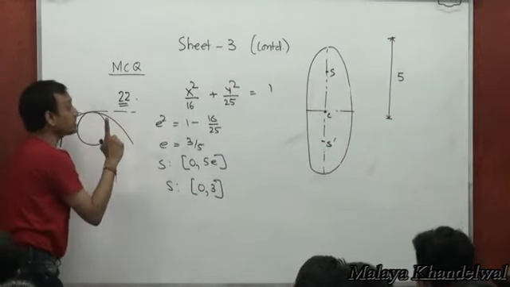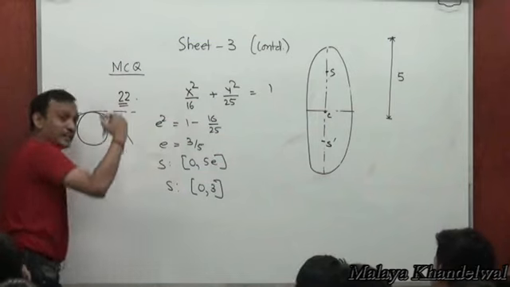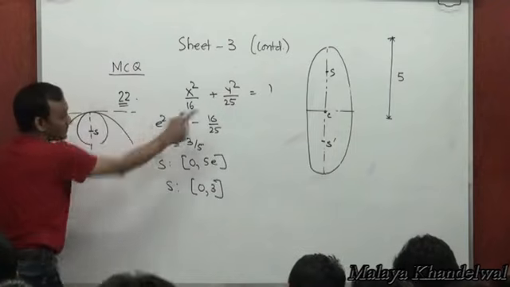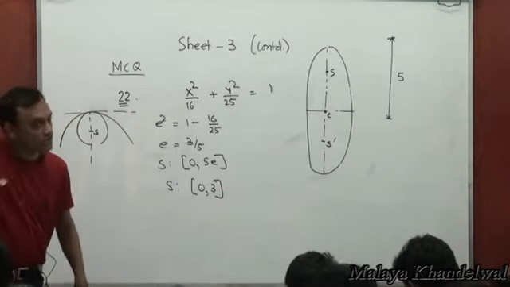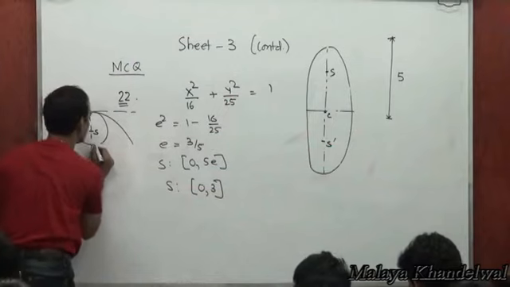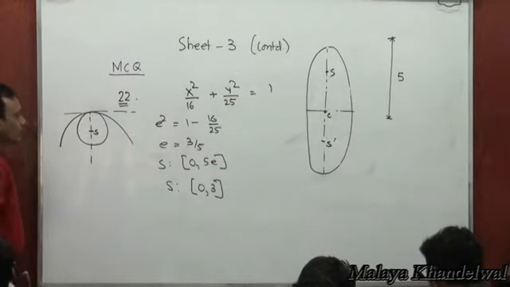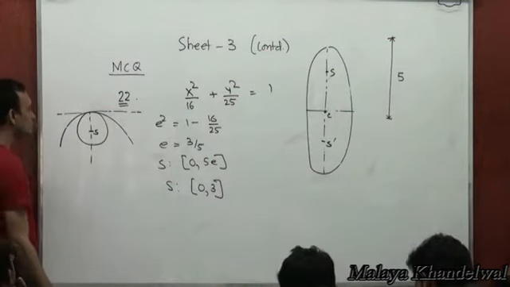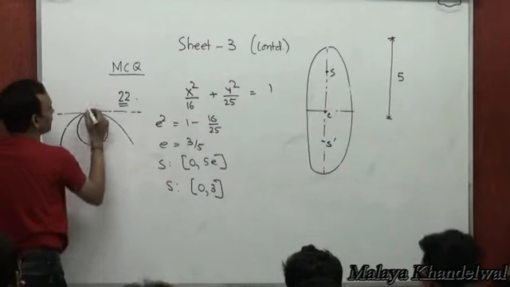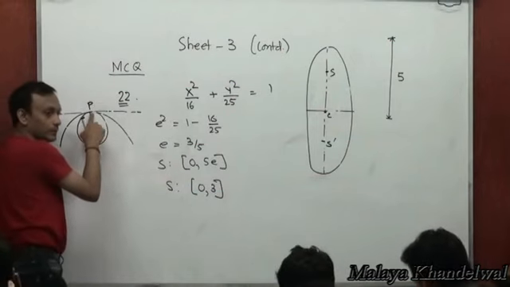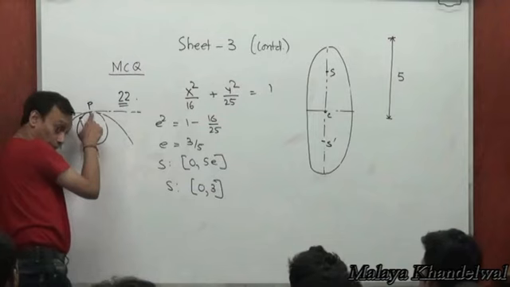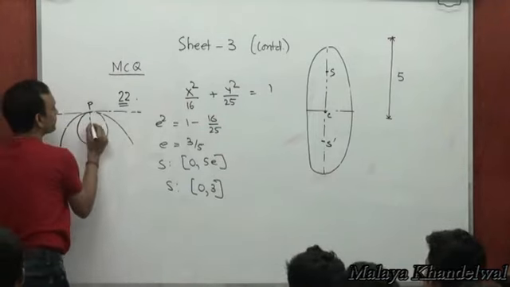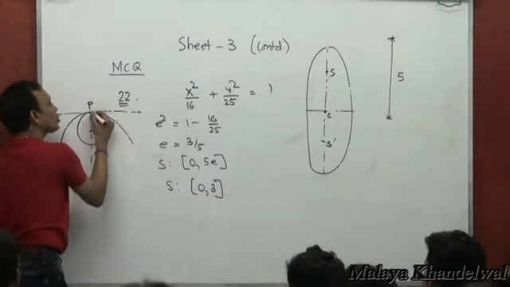Now, the normal for the circle would be in the radial direction, right? So the normal for the circle must pass through the center S of the circle, which is synonymous with the focus of the ellipse, right? Common normal means, again, realize that if this is the point of tangency of the circle with the ellipse, then this is also a normal to the ellipse as well.